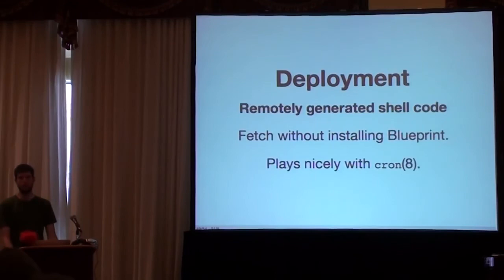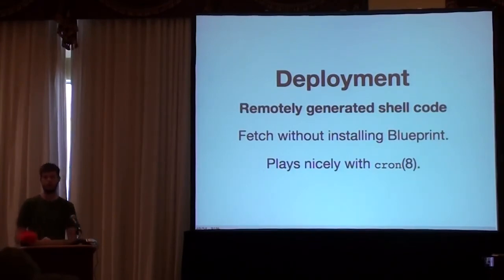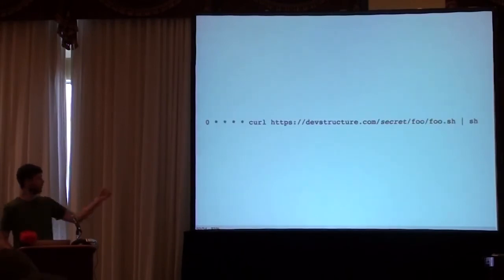If you're not already using Puppet or Chef, though, I'd encourage you to think about using Blueprint through and through. And one real cool thing we can do is, since there's a cloud service where you can push and pull blueprints, we have an API endpoint there that can generate shellcode for the blueprint remotely, which means you can download it, analogous to a blueprint pull. You can download the shellcode from the server directly and not have to install Blueprint. So you can do like this, and I apologize for the tiny font.